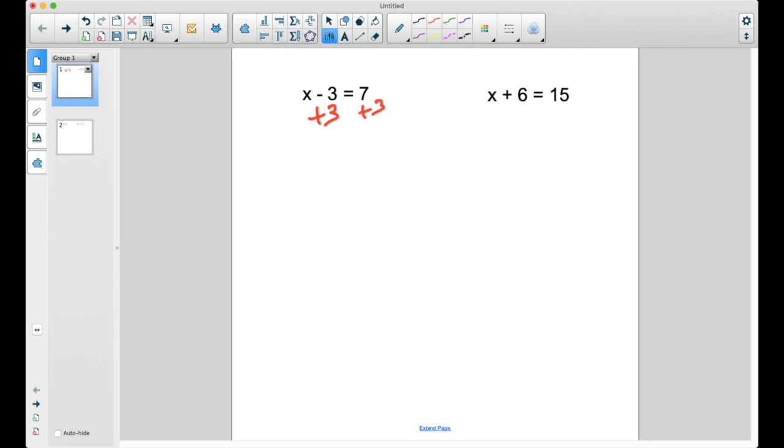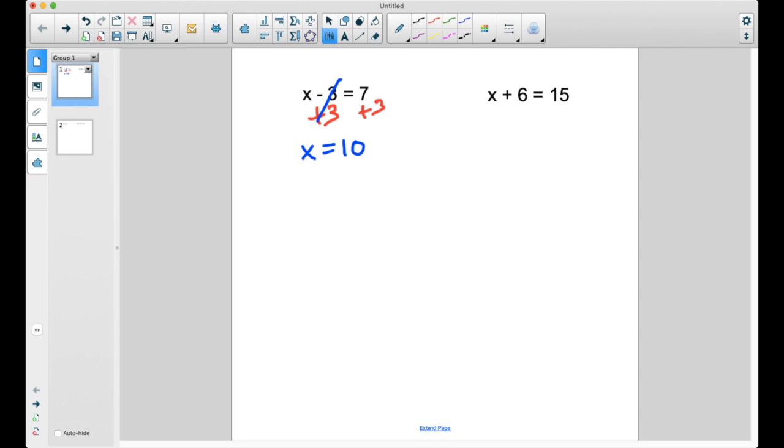On the left side, we have minus 3 plus 3, which will equal 0, and they essentially cancel each other out. On the right side, we have 7 plus 3, which is equal to 10. So here we have x is equal to 10.